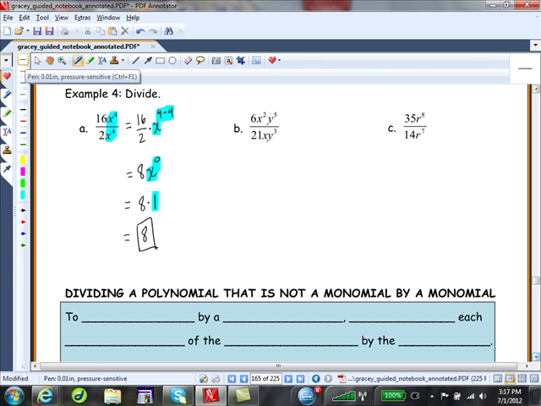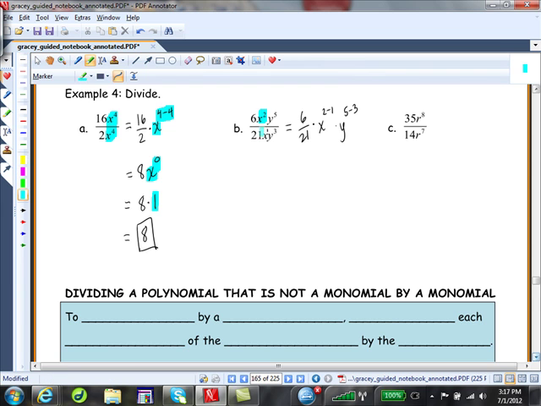Okay, let's see how part B went. So again, we're going to have our 6 over 21. Now remember, x is the same as x to the 1. So that's going to be times x to the 2 minus 1, and then times y to the 5 minus 3.